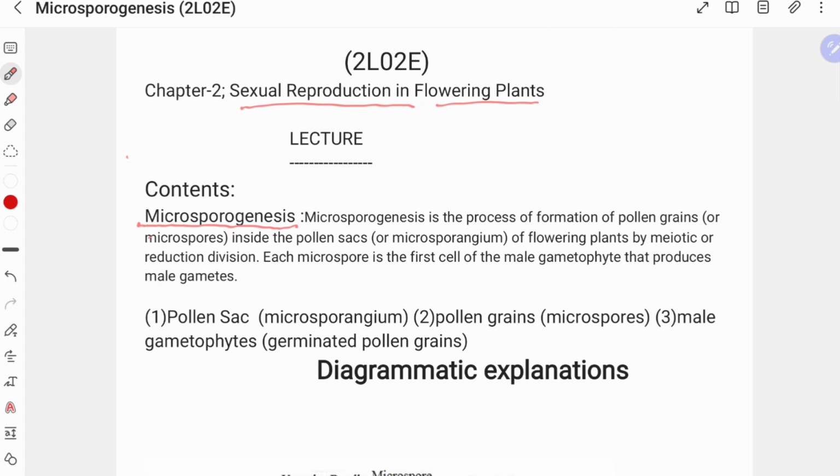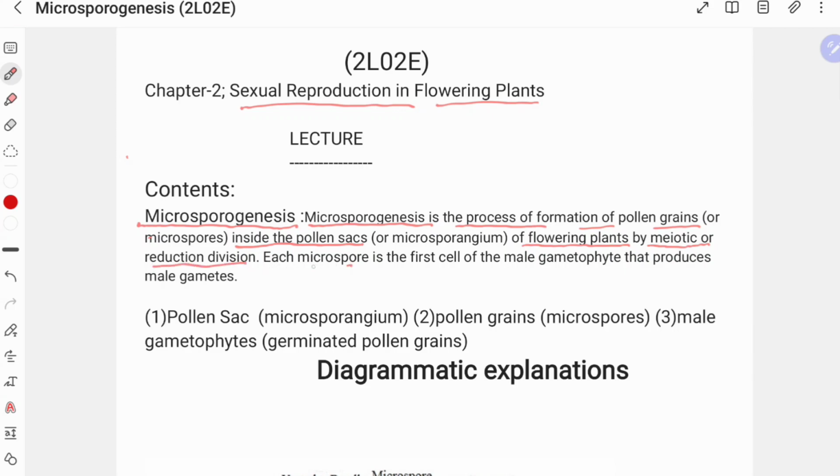So, what is microsporogenesis? Microsporogenesis is the process of formation of pollen grains inside the pollen sac of flowering plants by meiotic or reduction division.